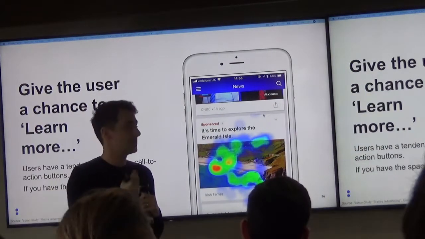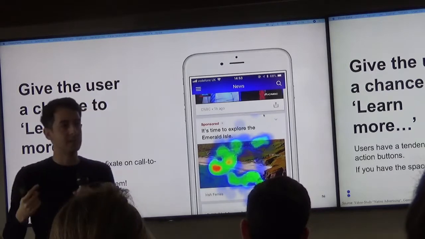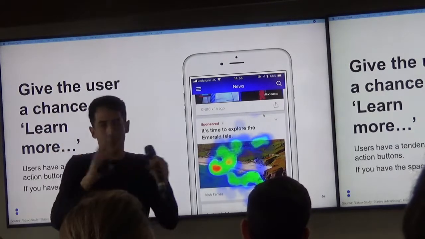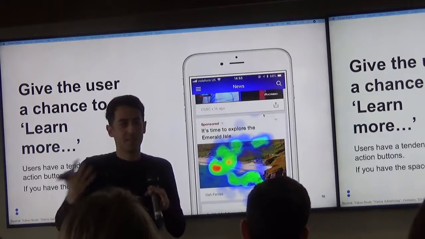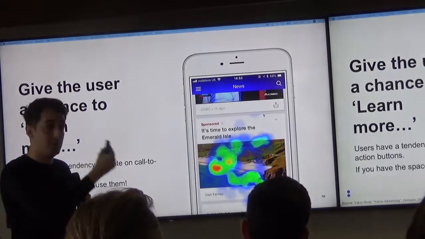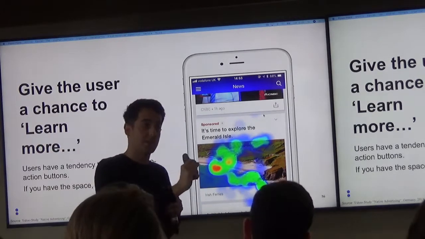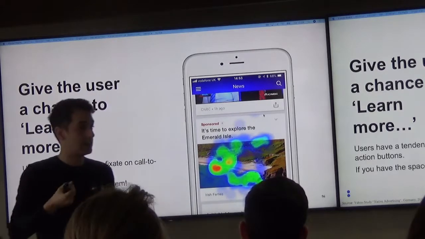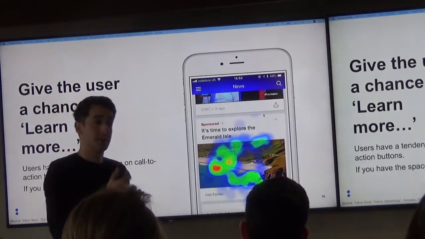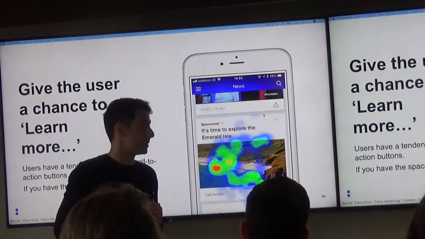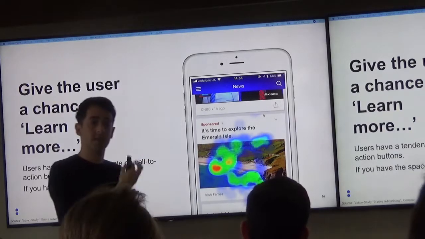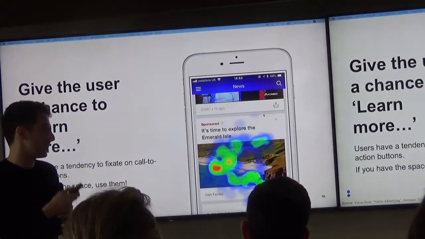When we did this tracking study, the eyes moved to that button. So of course, you can't do it everywhere. That's not always going to be appropriate. But if you do have the chance to insert that button, it can actually drive up that value to the publisher and drives up that experience for the advertiser as well, because it does create that good fixation.